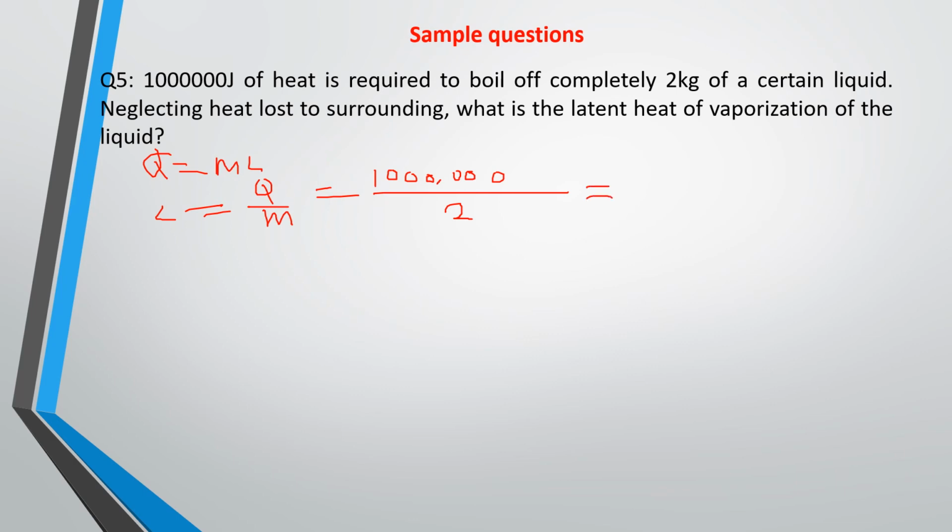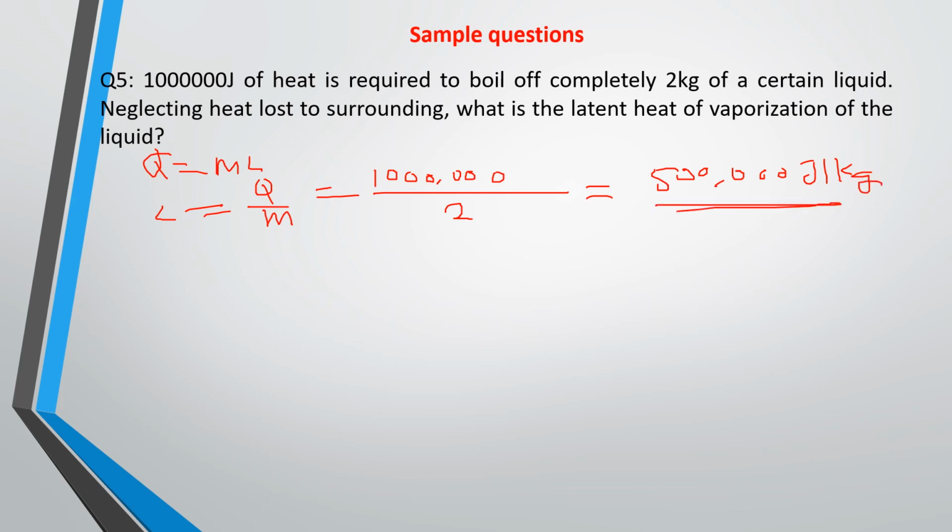This one is just direct, so this will give you 500,000 joule per kg. Okay, so I think this one is just direct.